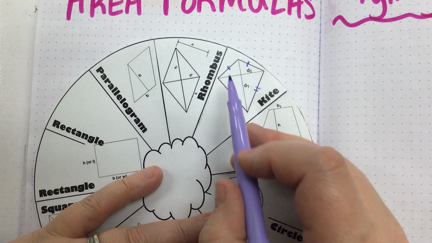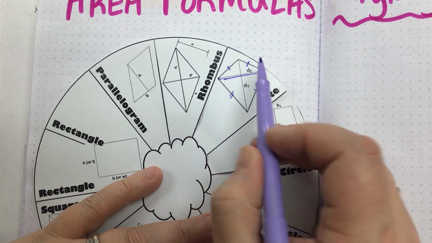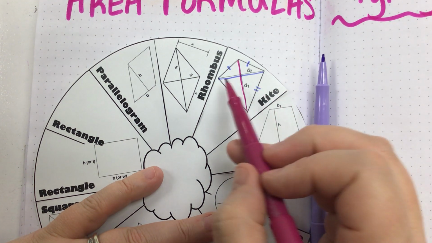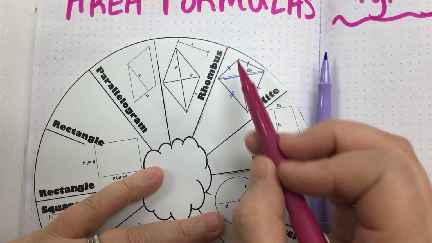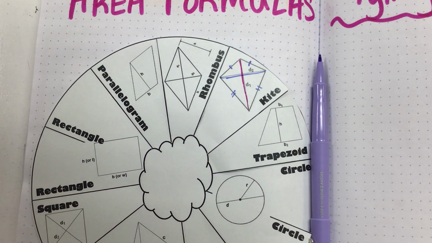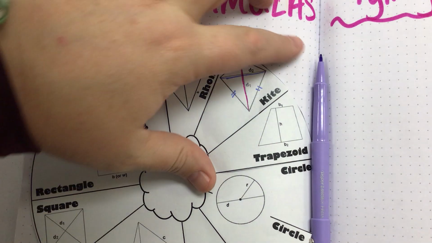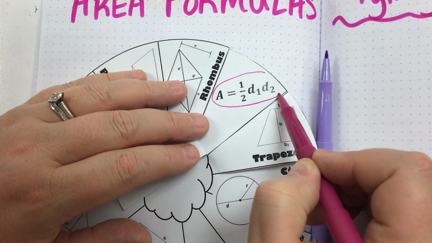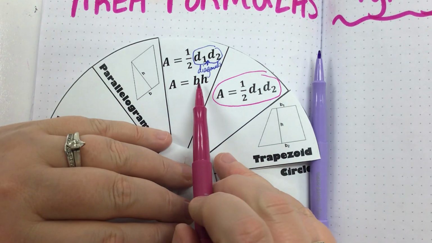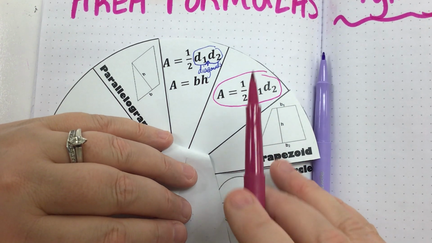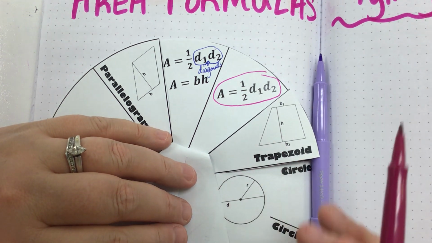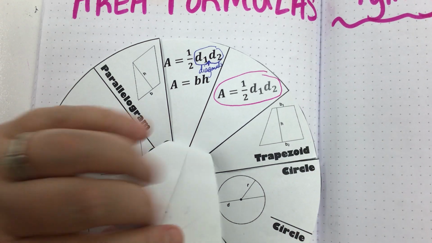And notice on this picture here, I have one diagonal labeled as D2, the second one here is D1. You could make one of them D1, the other one D2. It doesn't matter which one's which. But the formula we have for a kite is actually the same one we have for a rhombus that we did the other day. So again, you're going to multiply the 2 diagonals together and either take half of it or divide it by 2, whichever is your preference.